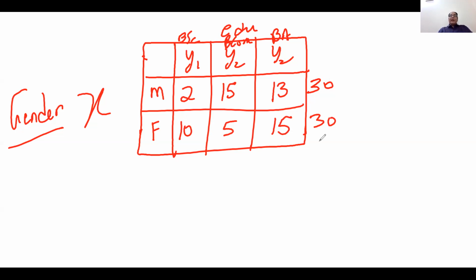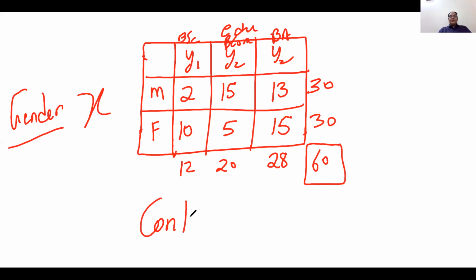So this is the actual observation that we have, and then we take the totals. There are 12 people who did BSc, 20 did BCom, and 27. This is 28. Is this right? And the sum total of them is 60.